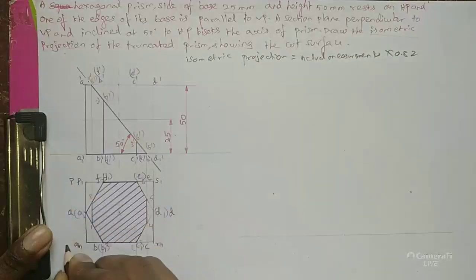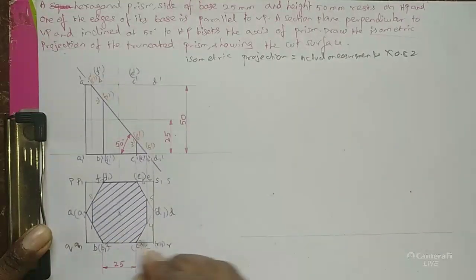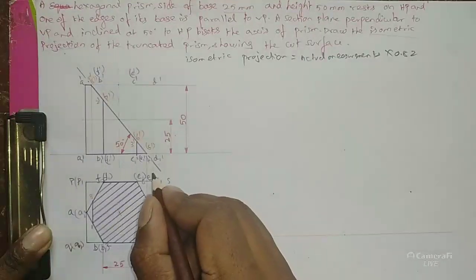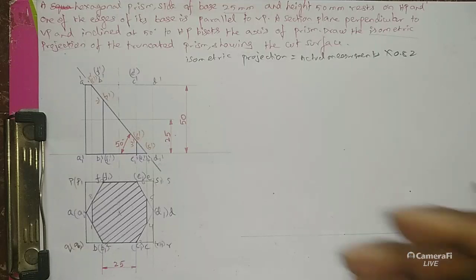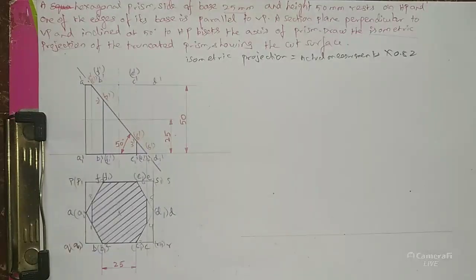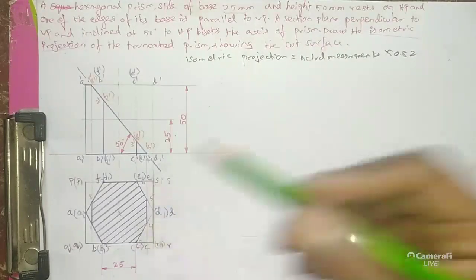Similarly, P, Q, R, S represent the top surface of the box. Now we have to measure the dimensions for the box. To sketch the isometric projection, we have to go with the measurements of the box.